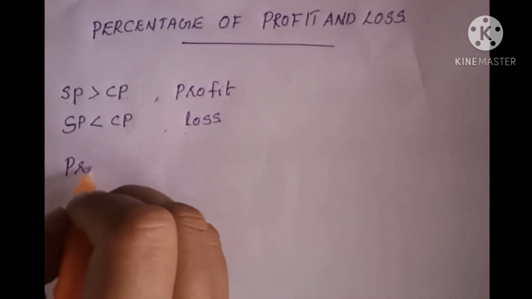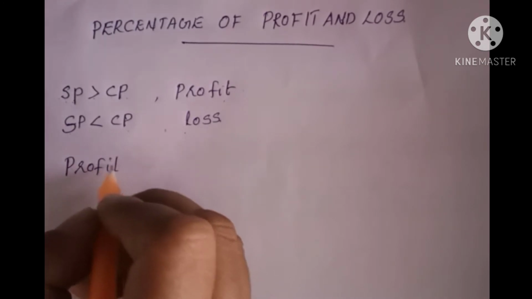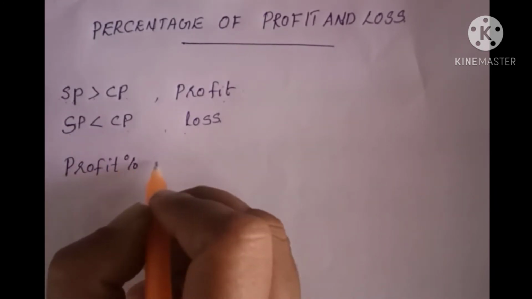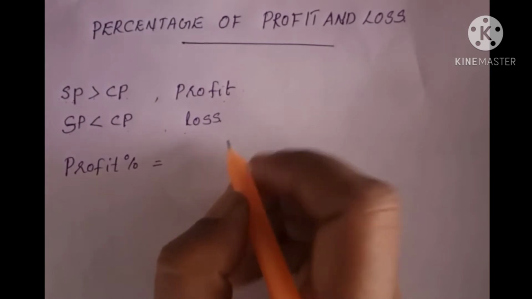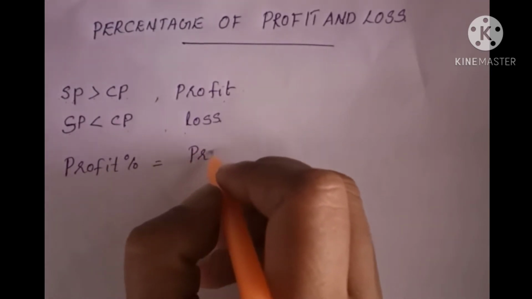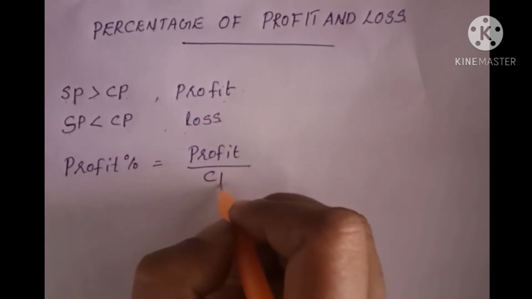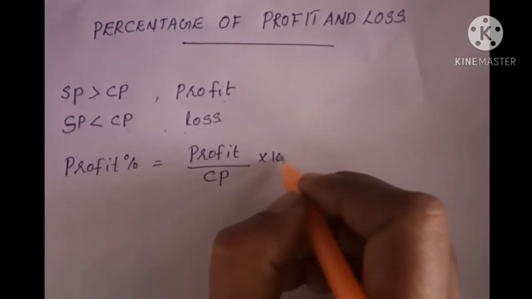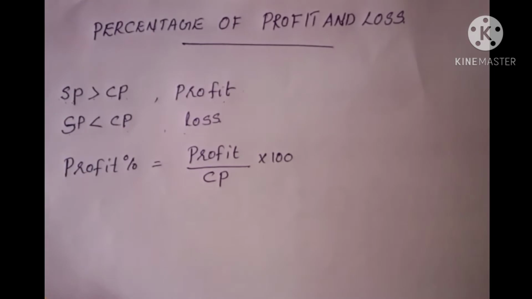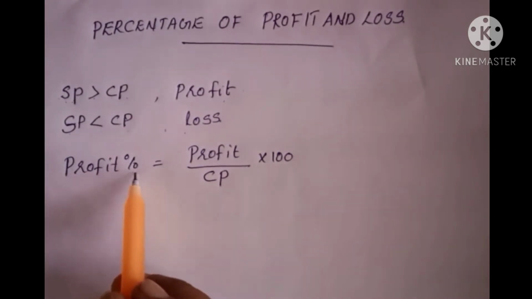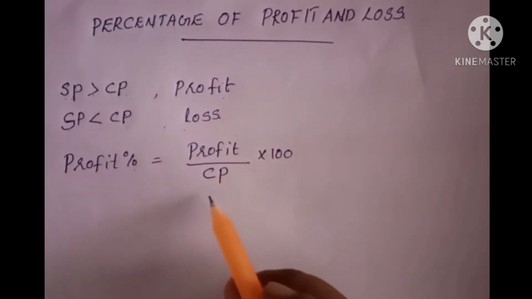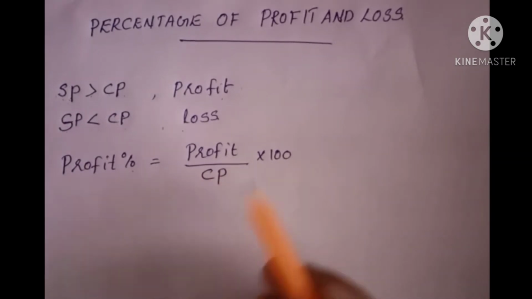Profit percentage. How do we find it? Profit percentage is equal to profit by CP into 100. This equation we can use here. Profit percentage equals profit by CP into 100.